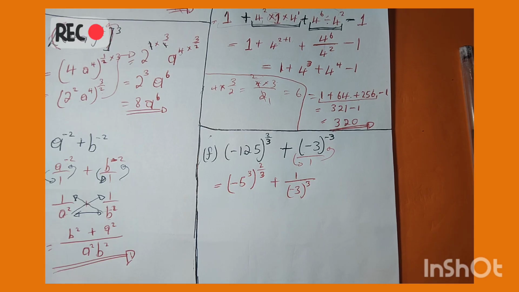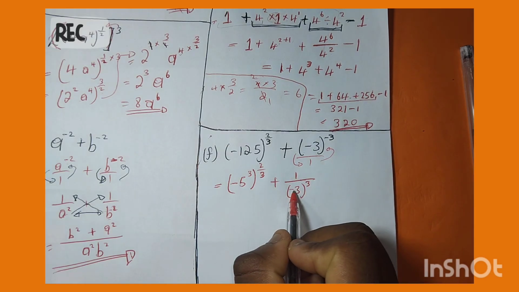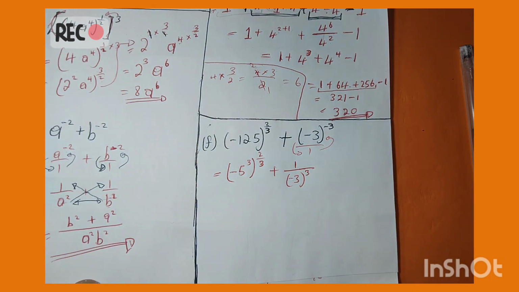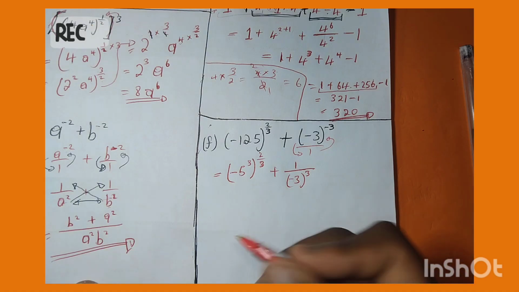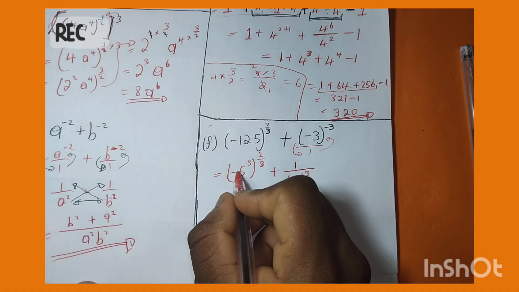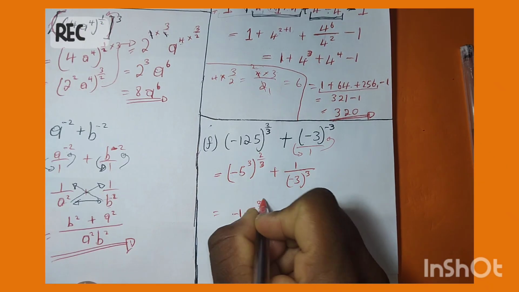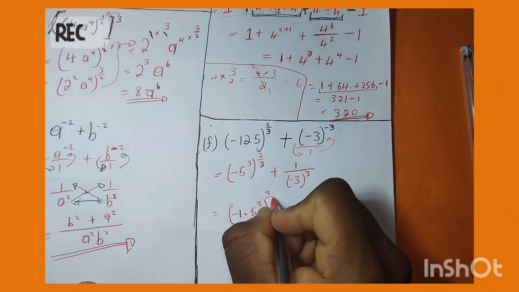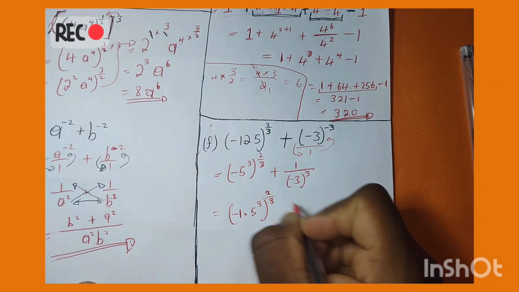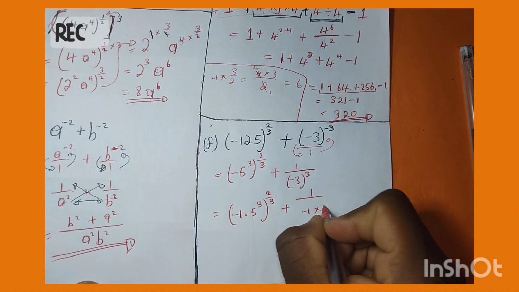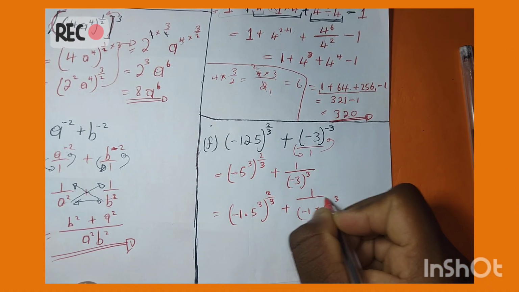And now this is what I should do, guys. Do you see that negative? That negative, guys, would like to complicate things here, but this is what you can do about that negative. I can take it as negative 1 multiplied by 5 to the 3, and here it's 2 over 3, and plus, which is 1, minus 1 multiplied by 3 to the 3.